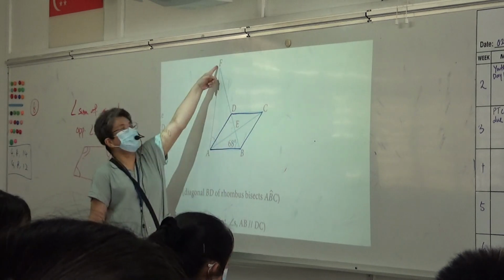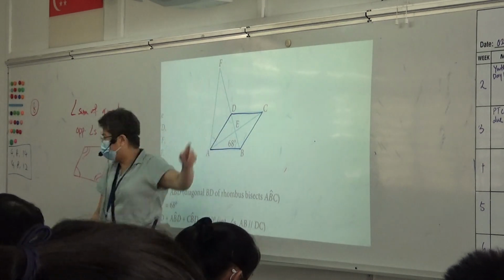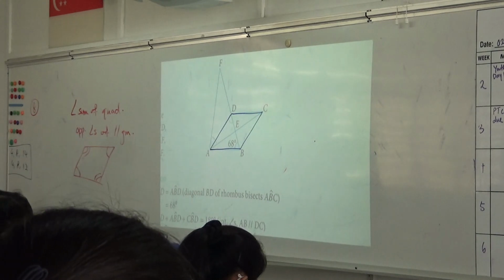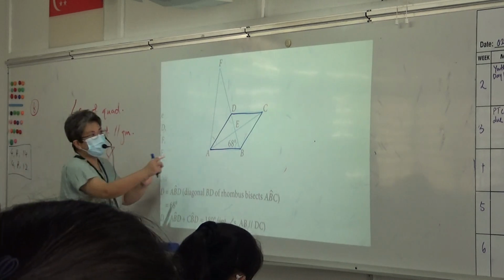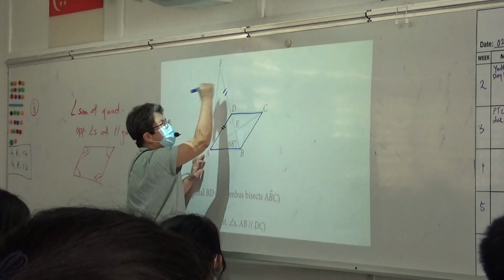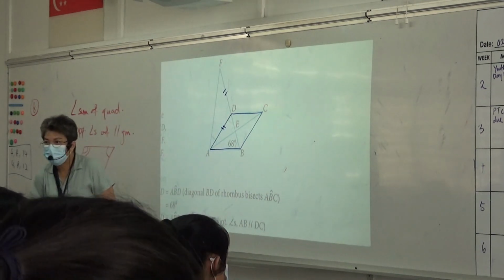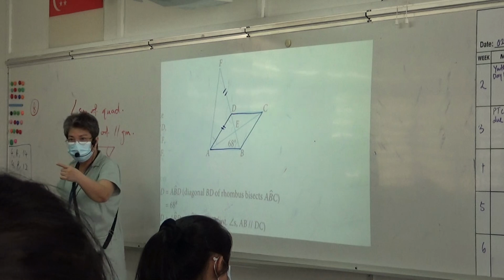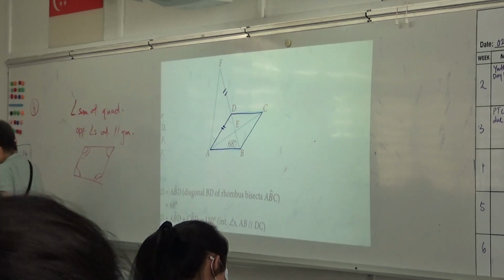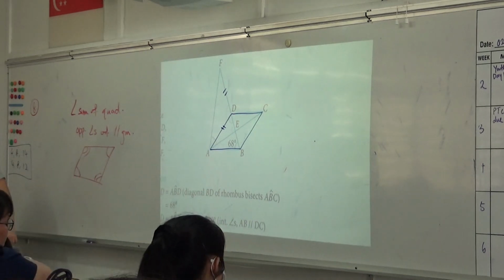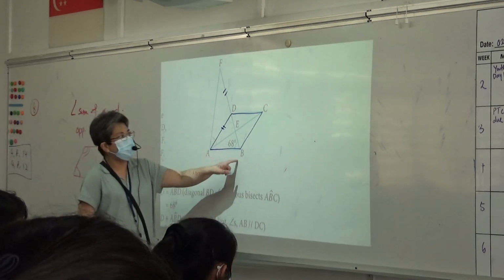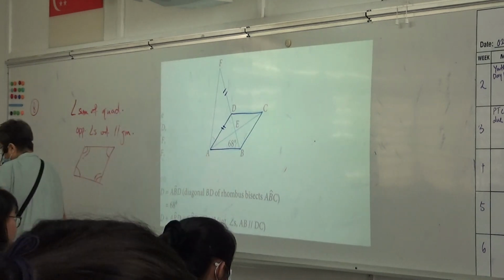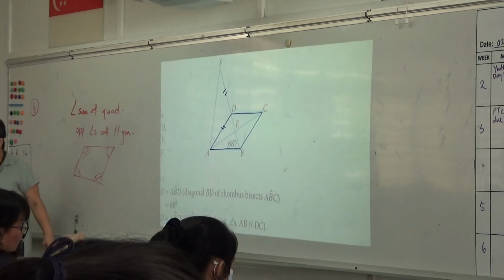Produce means you lengthen it until it goes to F. Such that AD is equal to DF. That means AD is equal to DF. They tell you this one. You must process the information. If angle ABE is 68 degrees, find angle BCD.